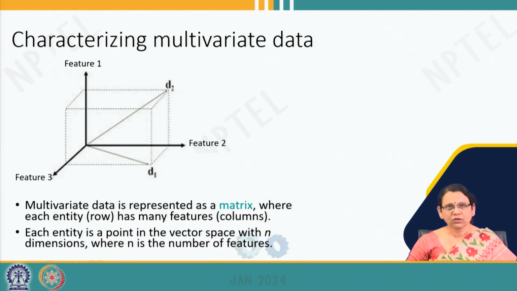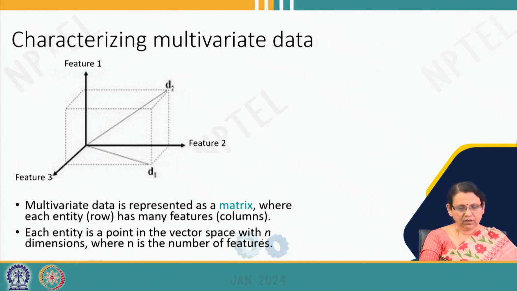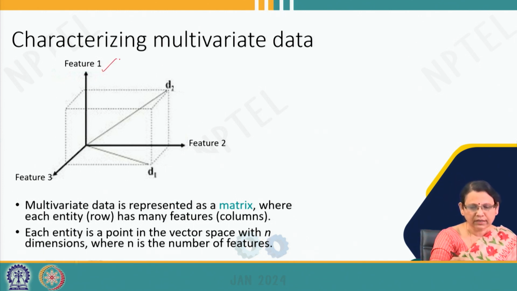Let us once again look at the data. When we talk about the data, specifically multivariable data, it has many dimensions or features. In this particular example, we see the data has 3 features, feature 1, 2 and 3.